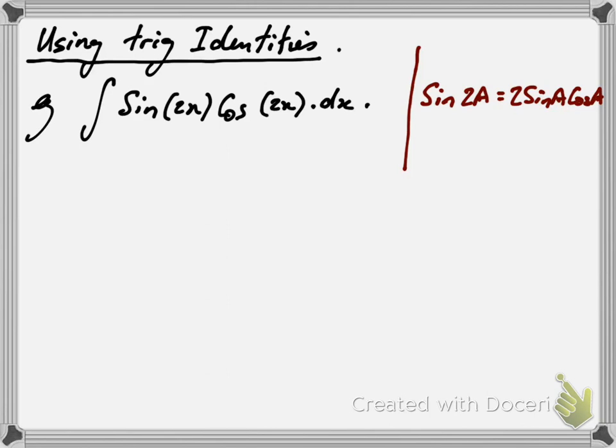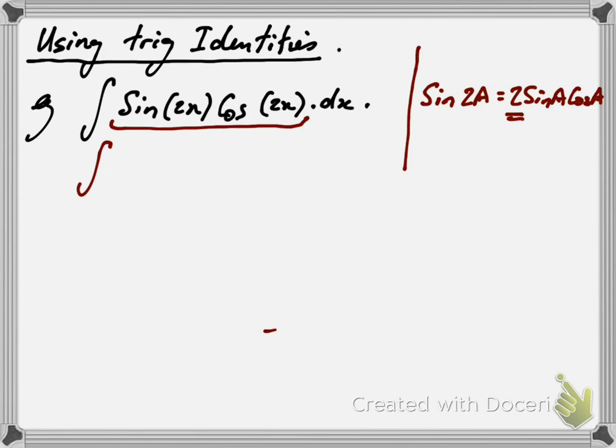So if you have sine a cos a, you end up with sine 2a. So that would mean that if I use the double angle formula here, I'll end up with sine 2a.